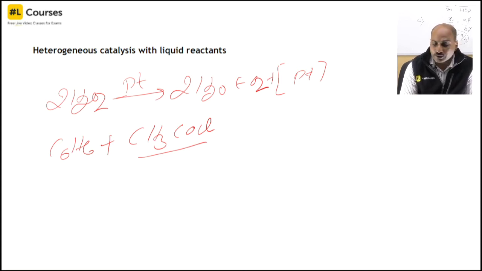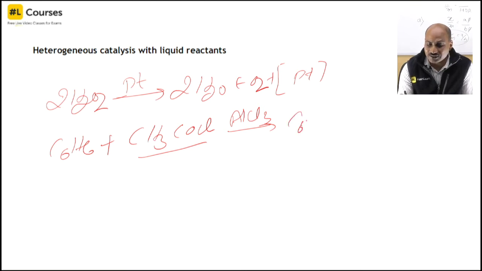When it is made to react with a catalyst called aluminum trichloride, in anhydrous form, this will give a product of C6H5COCH3 along with HCl, and you get AlCl3 back as the catalyst.